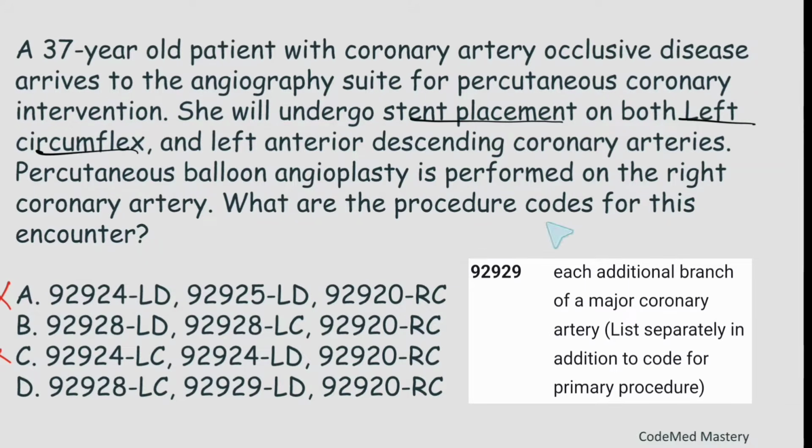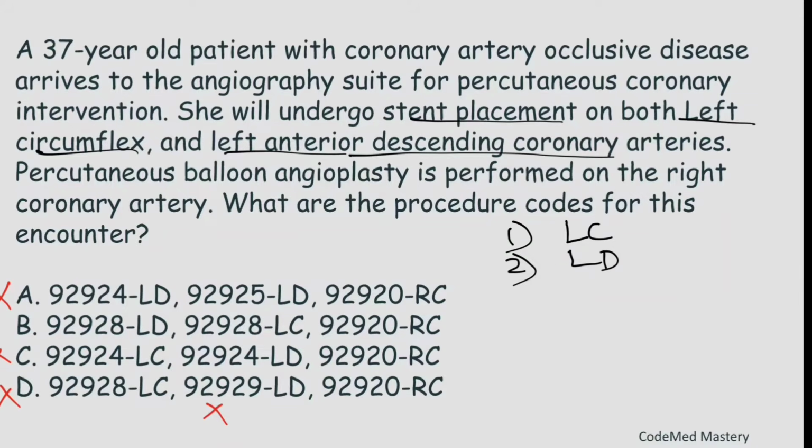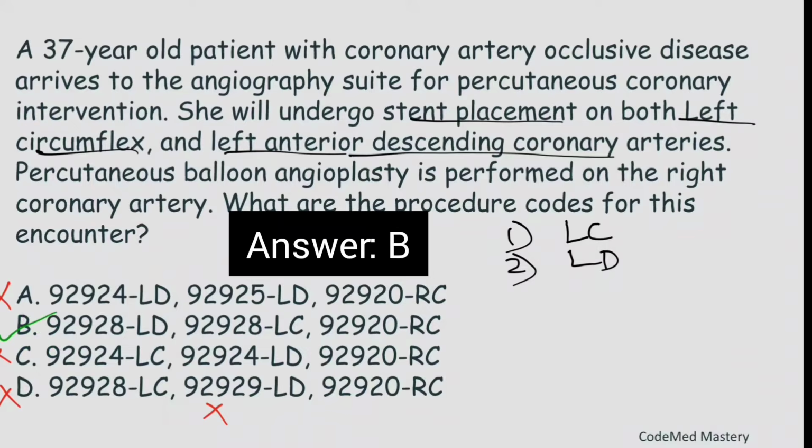Left circumflex LC and left anterior descending, which is LD. They have not mentioned additional branches, so we cannot use the add-on code 92929. Okay, so we'll eliminate option D. If one code is wrong, the entire option will be wrong. We are left with option B, which is the right answer.